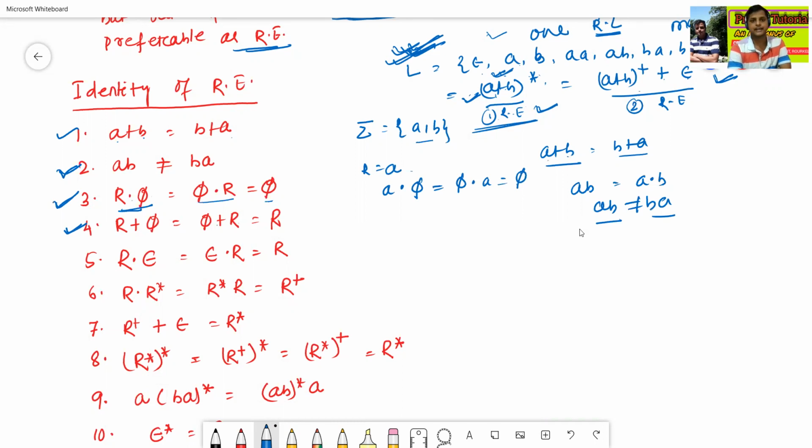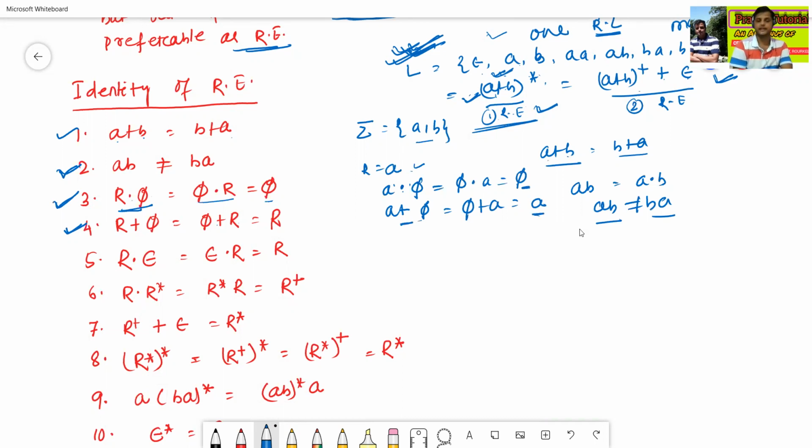Suppose r equals a. Then a plus phi equals phi plus a, which is a. When we multiply, the output is phi. When we use the union operation, the output is a.